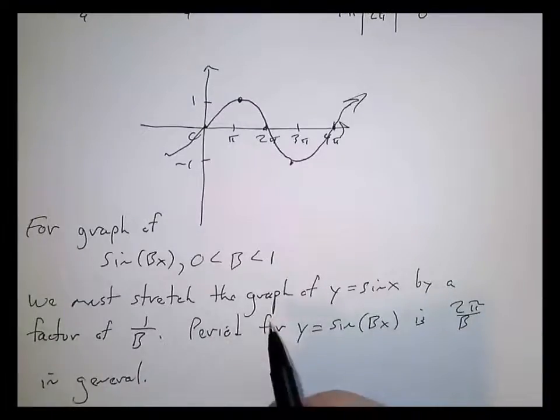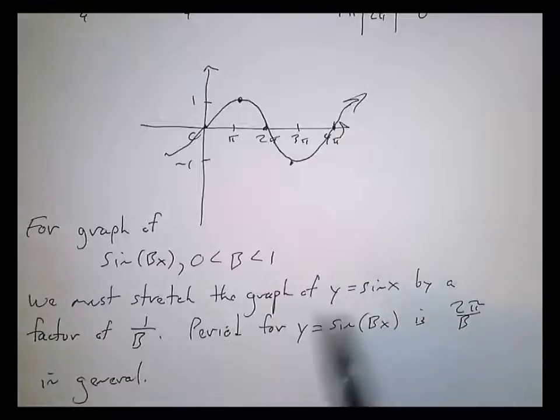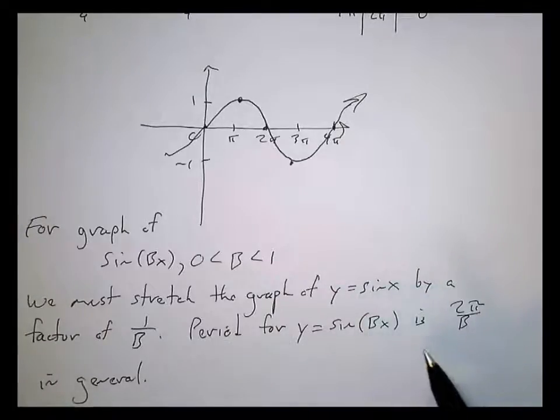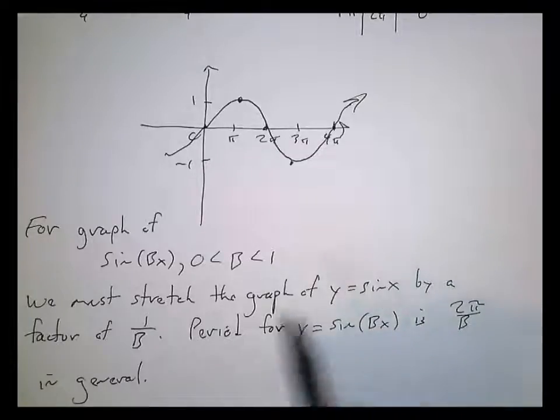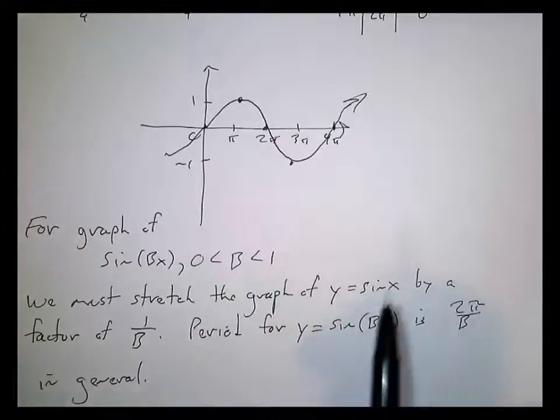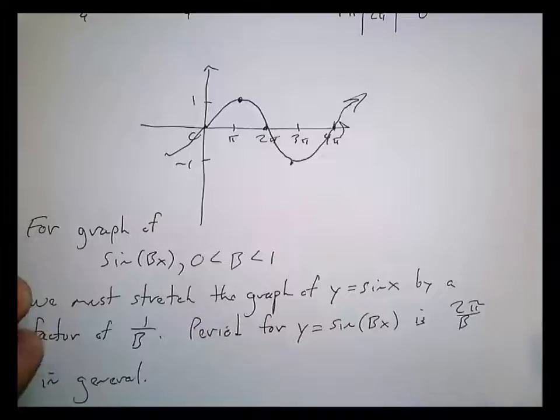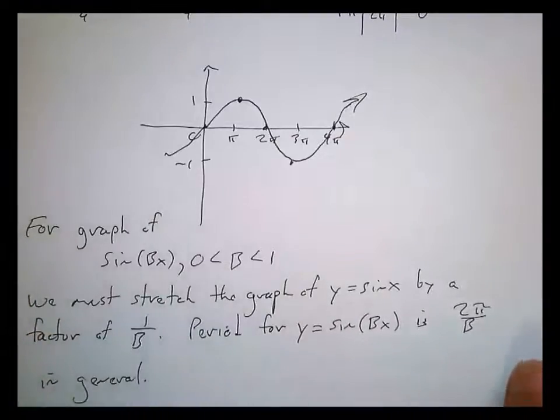Okay. And so this is going to work not only for b as a half, b as a third, b is 0.7. All of these are going to stretch this horizontally by a factor of, well, not factor b, factor of 1 over b.